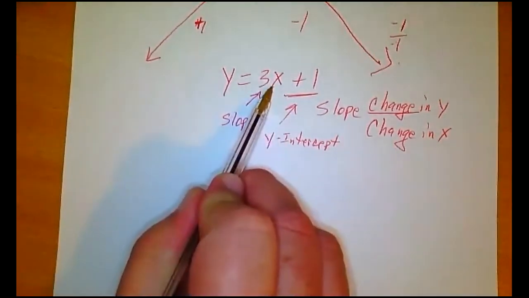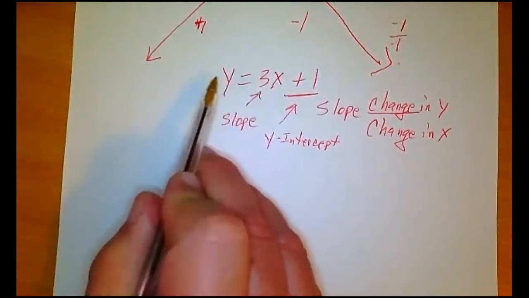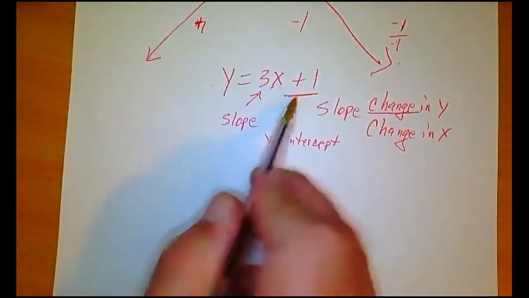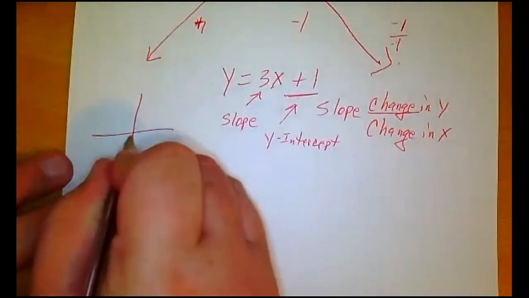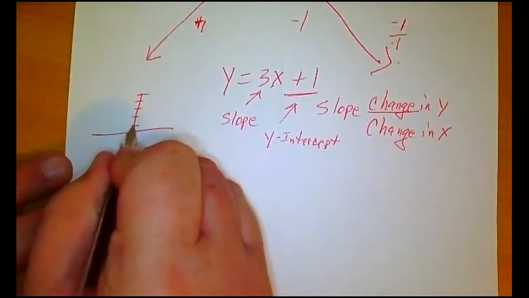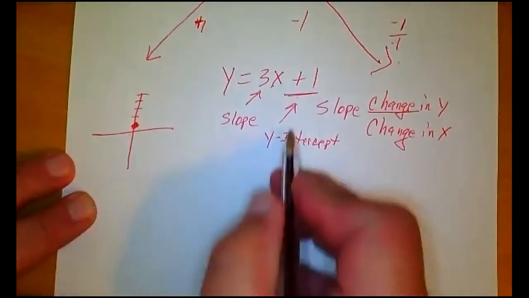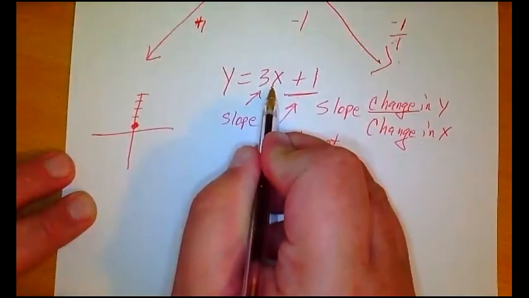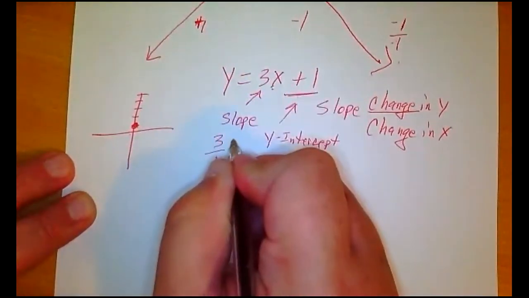Because if I put that x here as a 0, 3 times 0 goes bye-bye, and it's going to say y equals 1. So if I look at that on a graph, when x is 0, y is 1. That's where the first point that I can graph is going to be. Now then it says my slope is 3, so that means the change in y over the change in x.